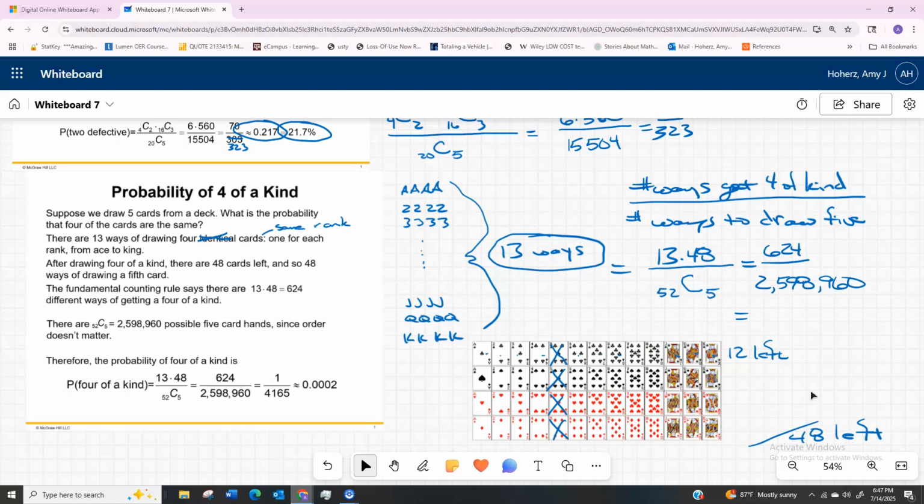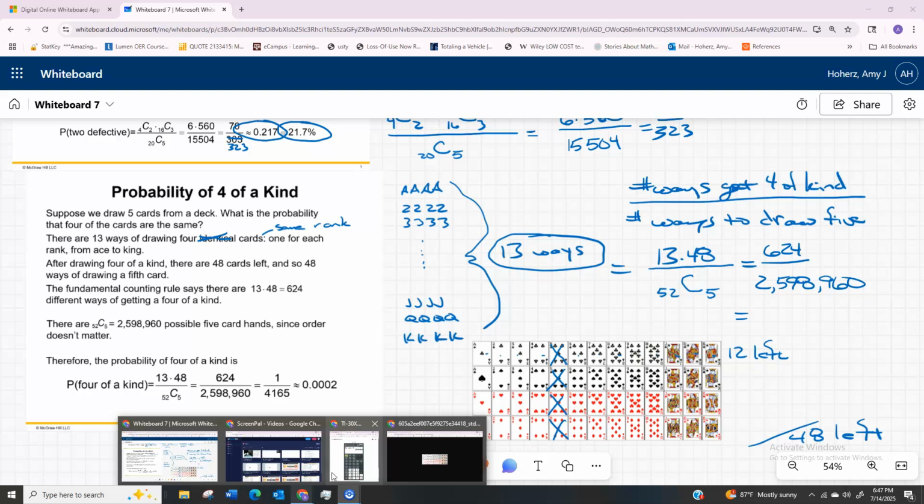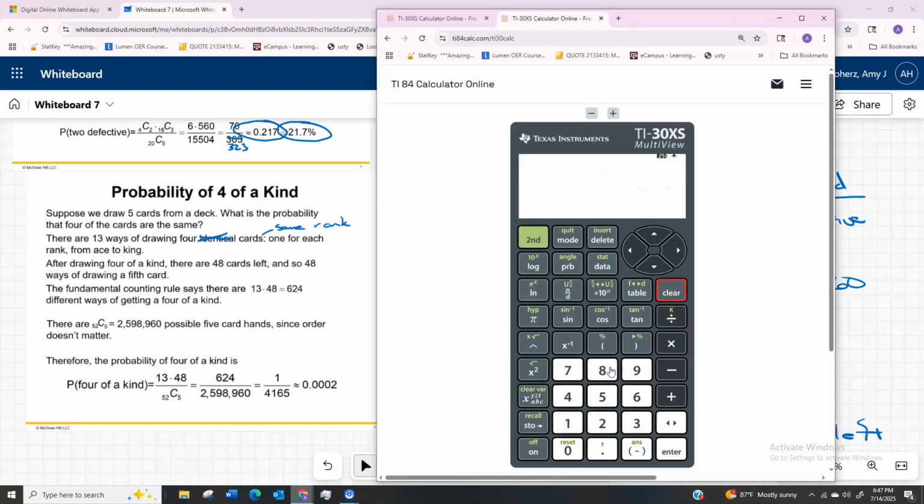Okay, so if we put that into the calculator as a fraction, we get 624 over 2,598,960, which reduces to 0.0002, because we're going to stop at that first non-zero digit, or let's see if it'll give it to us as a fraction. I'm sure it will. Oh, nope, it doesn't like that as a fraction.